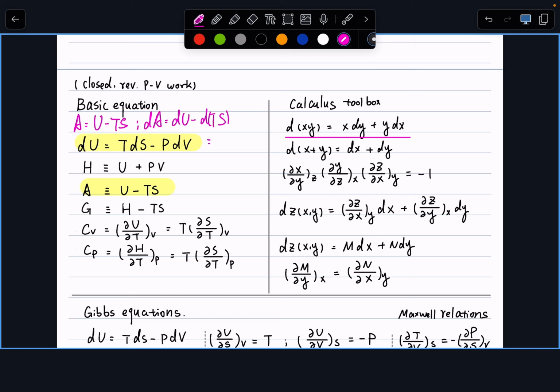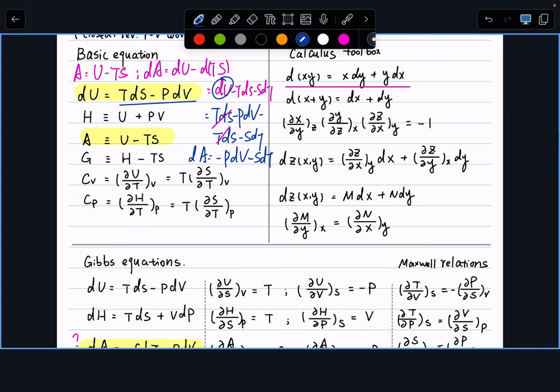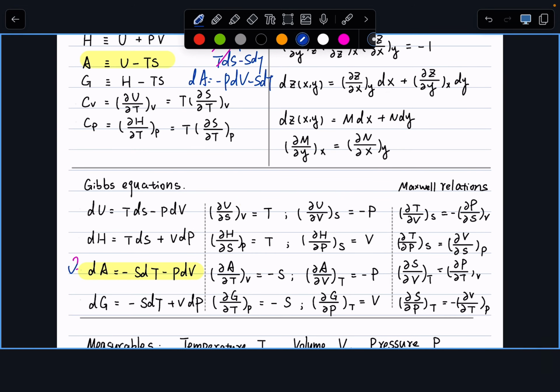Thus dA equals dU minus TdS minus SdT. And I know dU equals TdS minus PdV, then minus TdS minus SdT. So these two cancel out, and we get dA equals minus PdV minus SdT. That's how we get to our set of Gibbs equations.